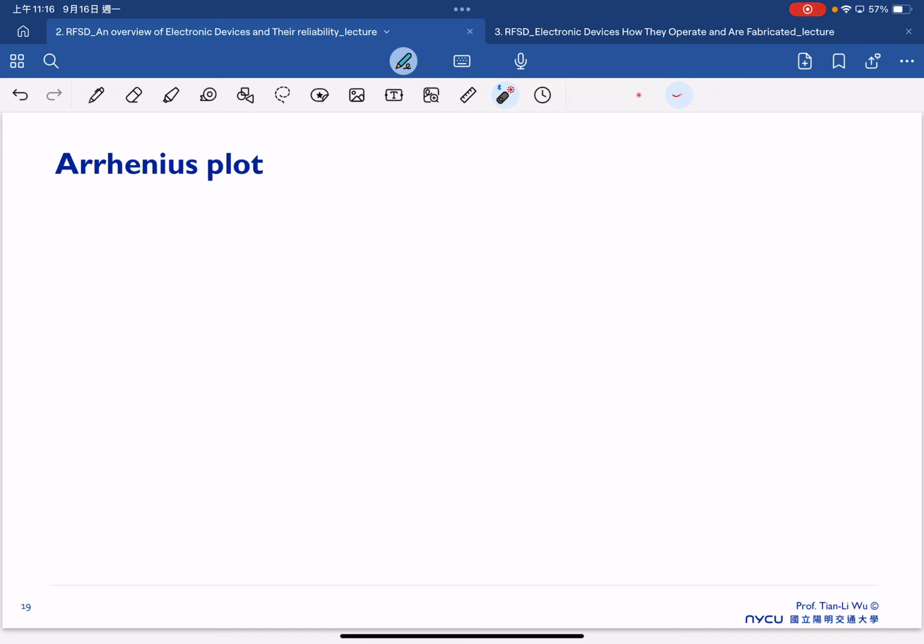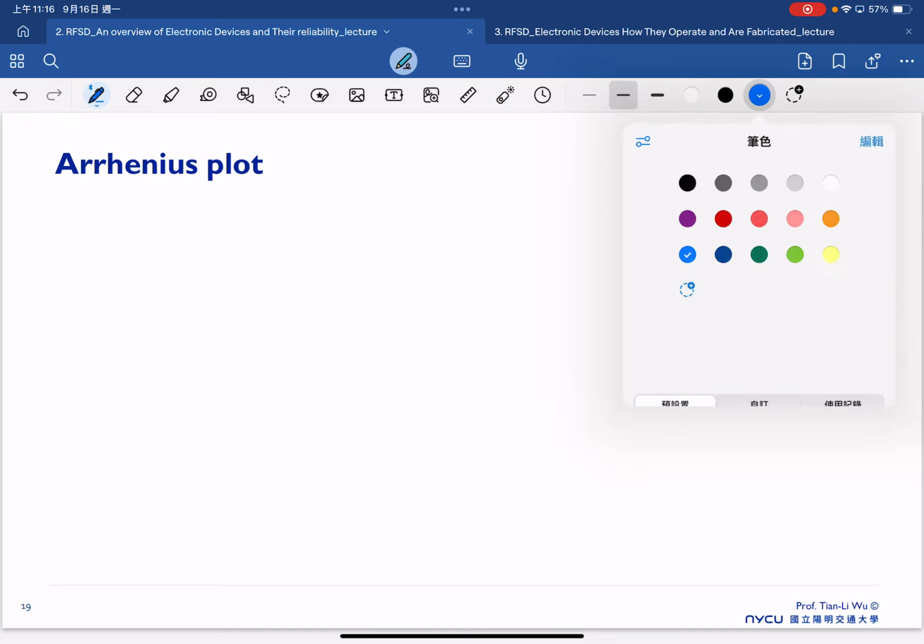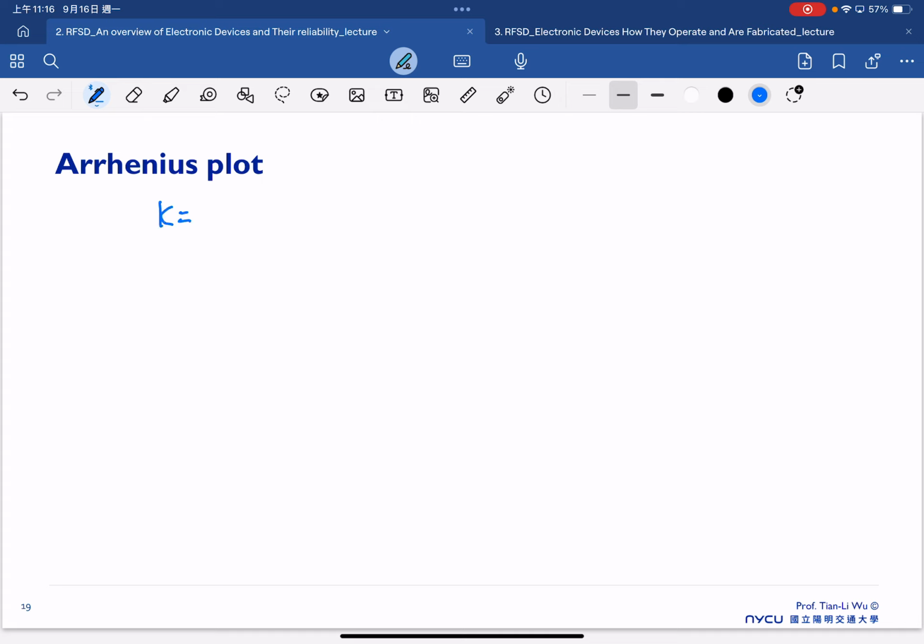Typically we will try to build up the Arrhenius plot. First we have the Arrhenius equation as previously shown: k equals A exponential minus Ea over kT. This just involves basic high school mathematics.